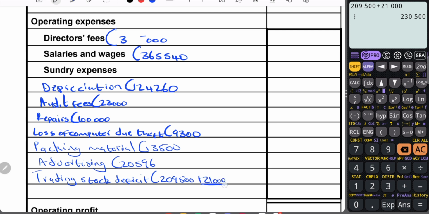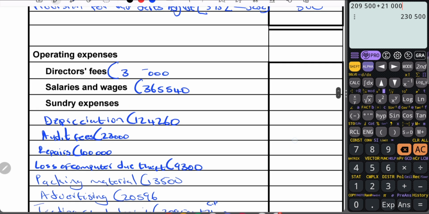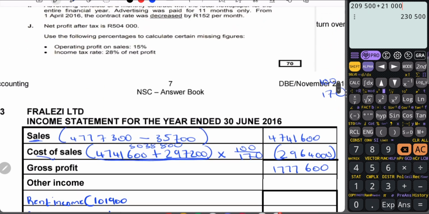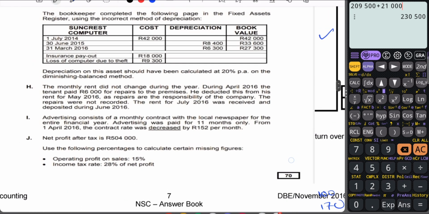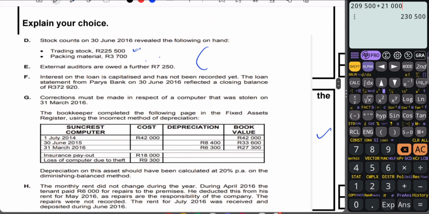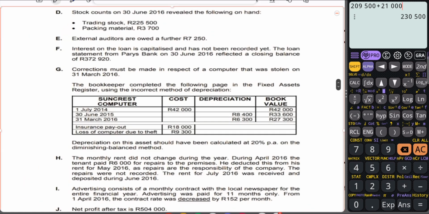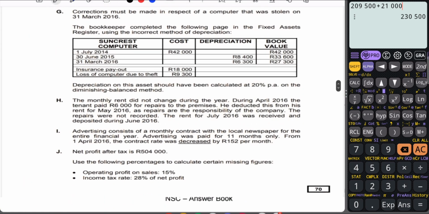Remember guys, this 21,000 is for the stock that was returned, and the stock is always recorded at cost price. Then minus the one that we are given now on our adjustment, which is 225.